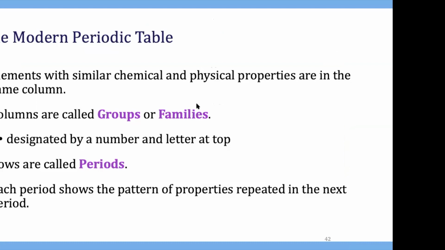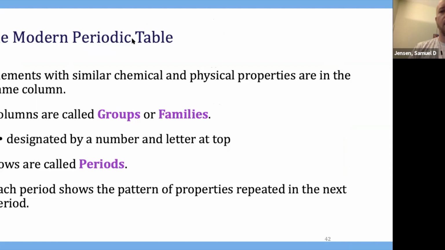All right, so the modern periodic table is grouped into a couple of different ways, okay? So the columns are called families. The rows are called periods. Now, a family of elements is similar in some respects to a regular family, in that they have similar traits or features to one another.